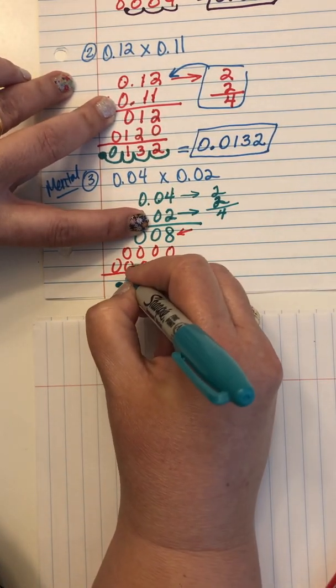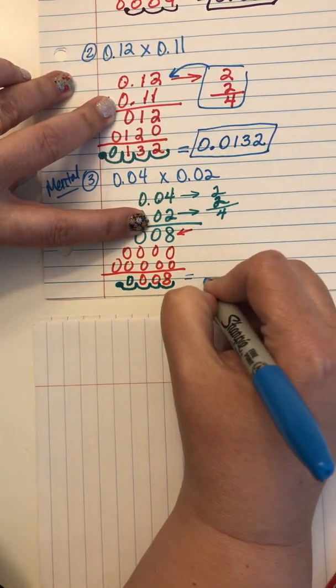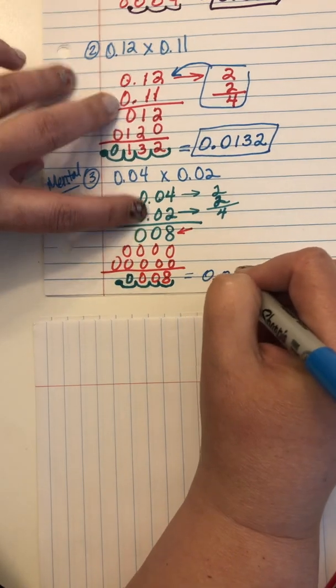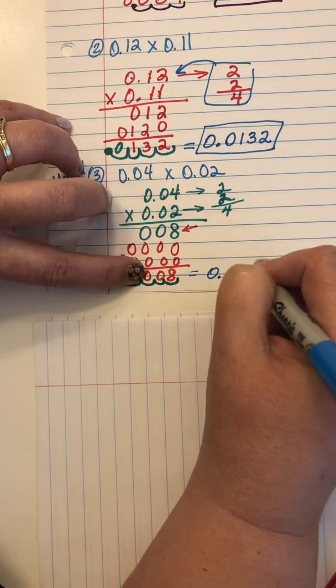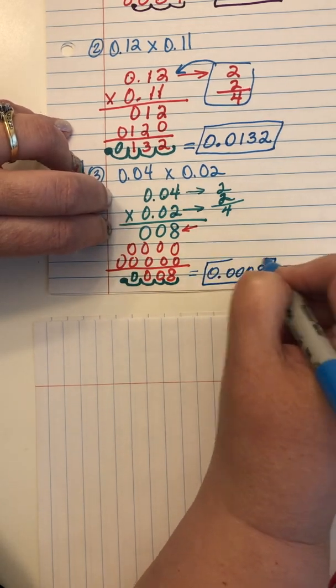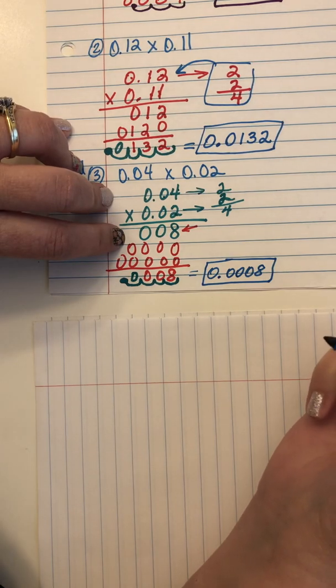I will fill in with a 0 there. So my final number will look like this, because it's there, and then I need 1, 2, 3, 8. So my final number is 8 10,000ths.